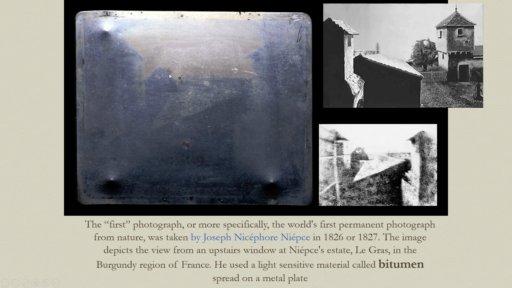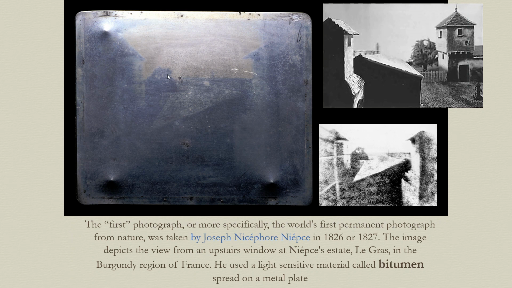Now, this is how any kind of film camera works. In a modern day film camera, there's film in there that can absorb light, and you open the shutter, when you push the button and it clicks, the shutter opens for a fraction of a second, lets the light in, and captures the image. But in this time period, you had to leave it open, let the light come in for a long time period to capture the image.